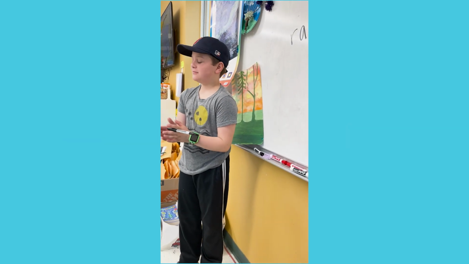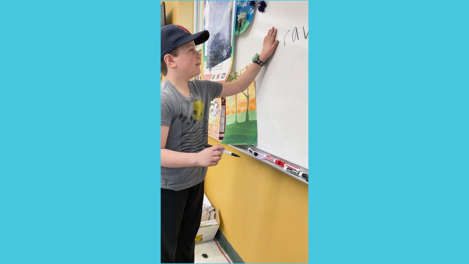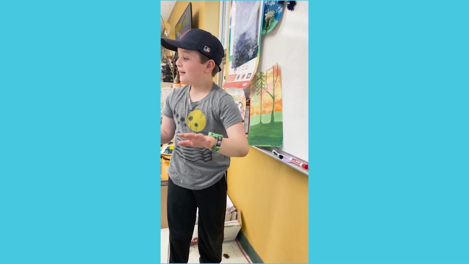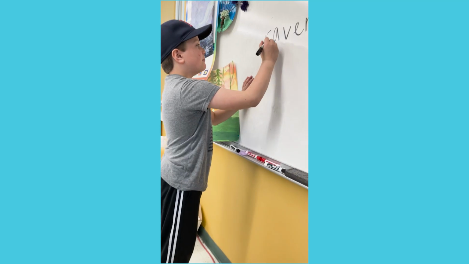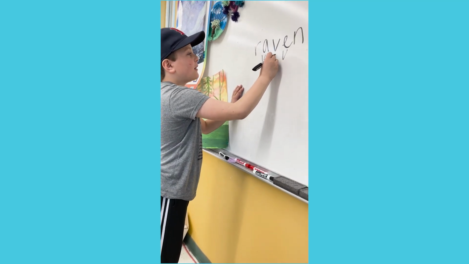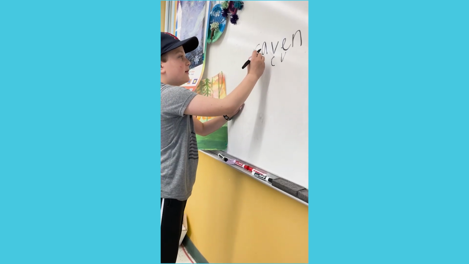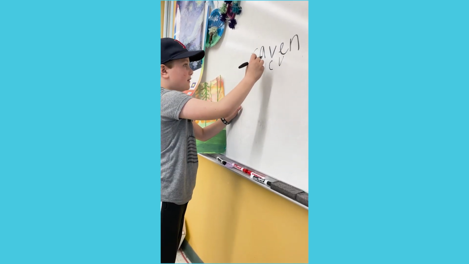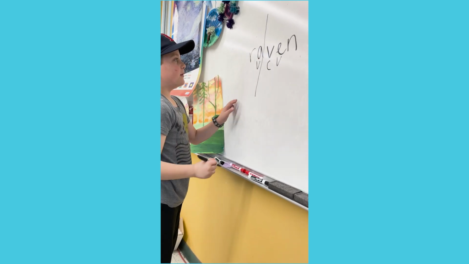So children, if you have a word and you don't know what it is, then you mark the vowels, you mark the consonants in between. It's most likely to split between the vowel and the consonant, so you split it there.